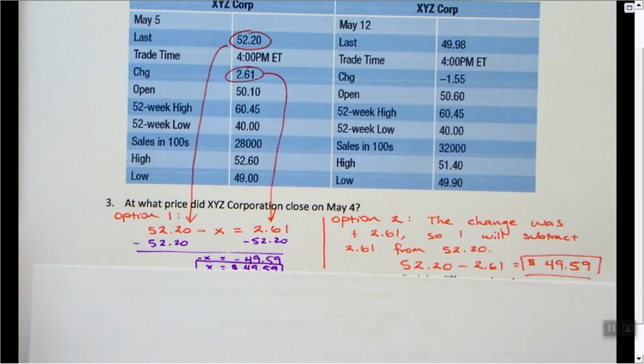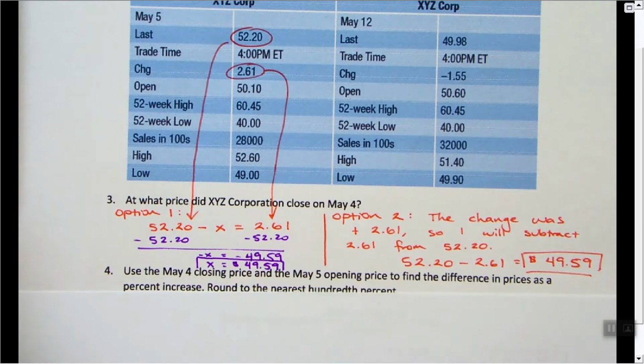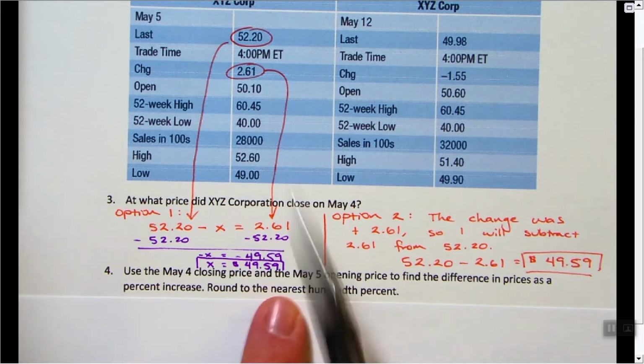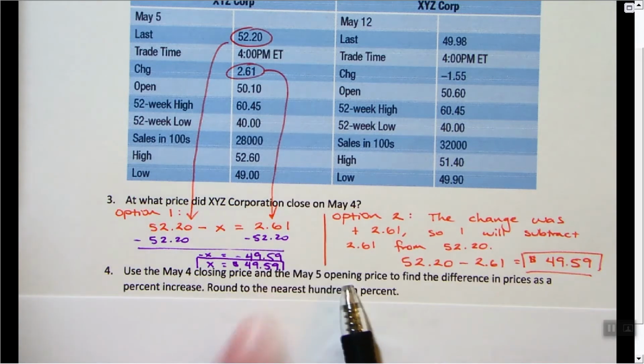Okay, so the next question that we might ask is about percent increase. So use the May 4th closing price, which I just found, and the May 5th opening price to find the difference in prices as a percent increase.